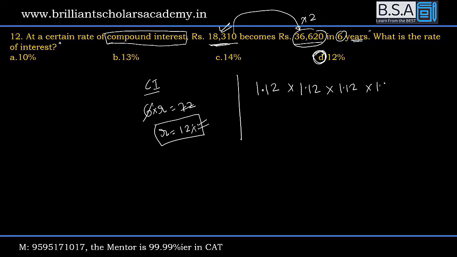You multiply 1.12 6 times: 1, 2, 3, 4, 5, and one more time. Now when you press equal, you will have 2 point something. The money is doubled in 6 years. I want you to verify this right now. Verify what I'm saying.